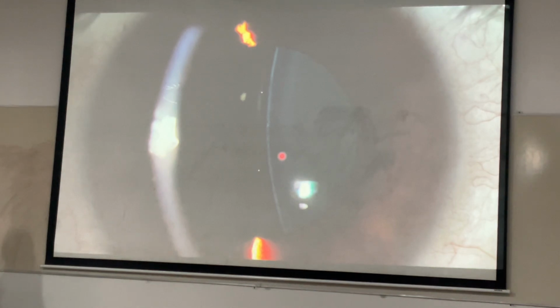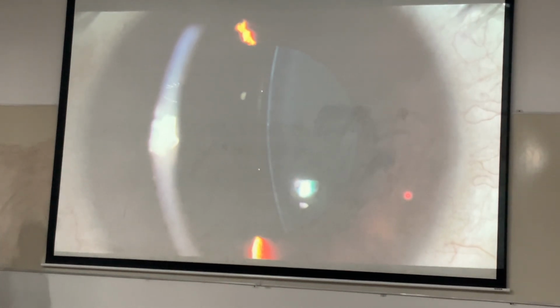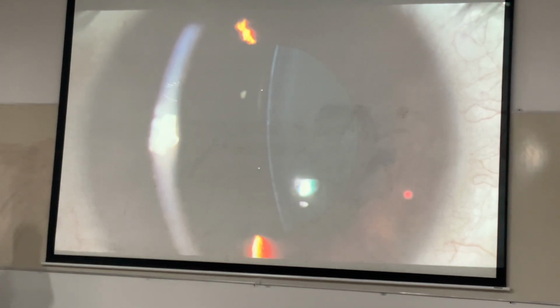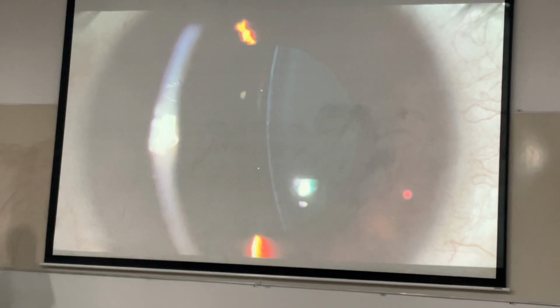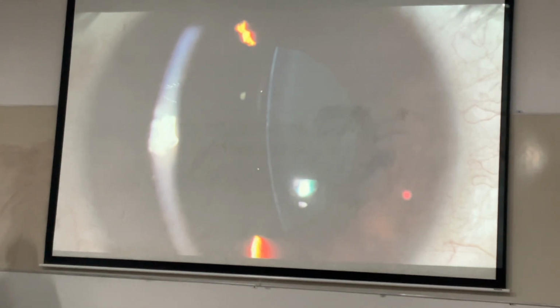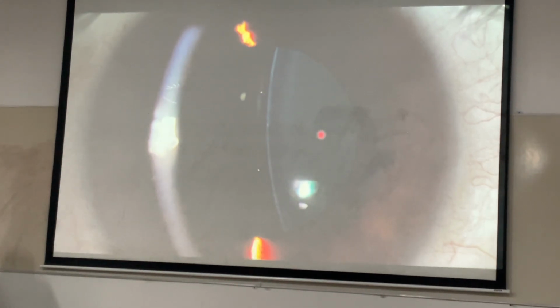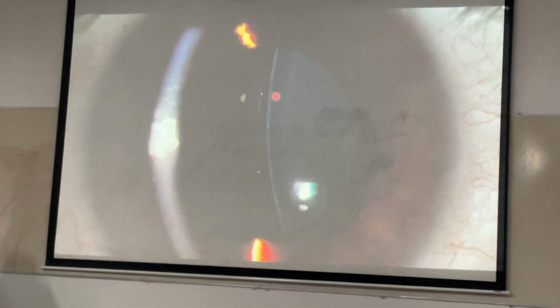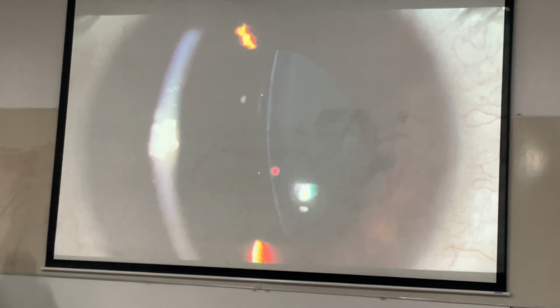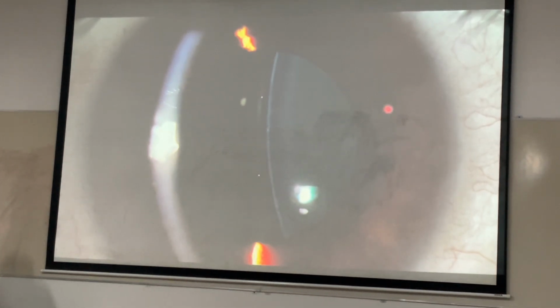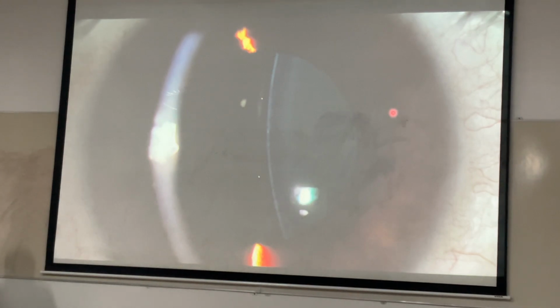So we put in dilating or mydriatic drops to make your pupils dilated, and then examine the other parts of the eye. Here you also see a very thin structure. Directly behind the iris is the lens.